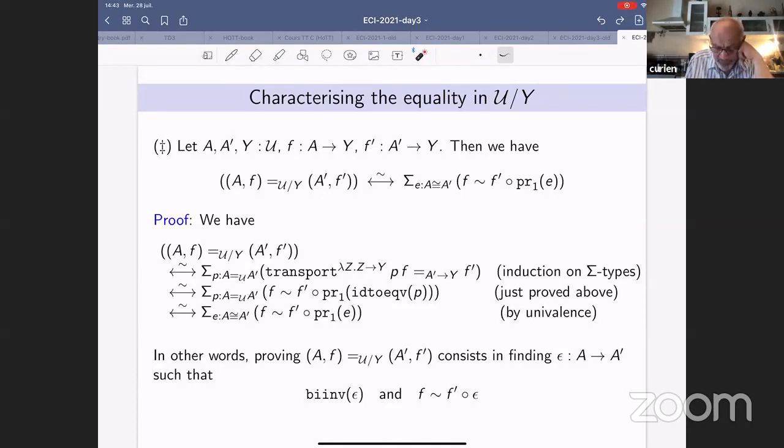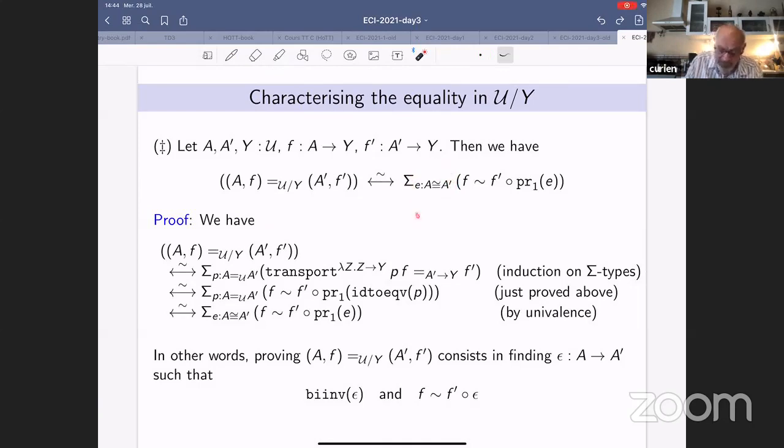So F is homotopic to F prime, but I have to adjust F prime with respect to F, because F is going from capital A to capital Y, while F prime is going from capital A prime to capital Y. So I need to compose F prime with a function that goes from A to A prime, but I have one, because E is a proof that A is equivalent to A prime.